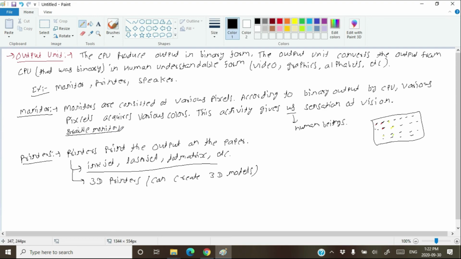Let me get the spelling right. If you know about the Braille script, similar to the Braille script, we have a Braille monitor, which can be used by visually challenged people.